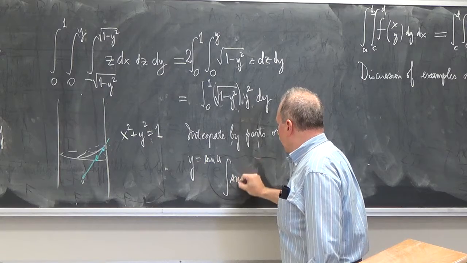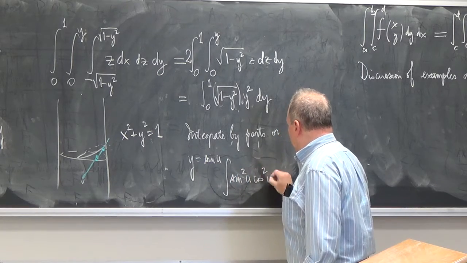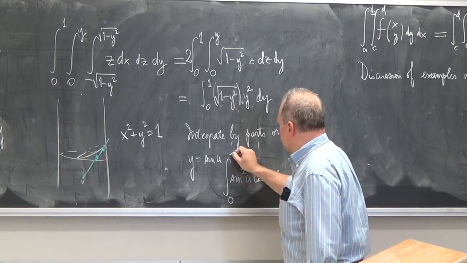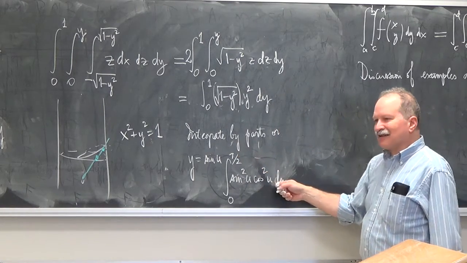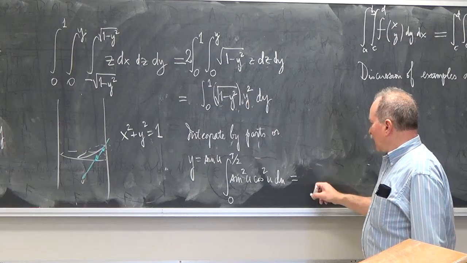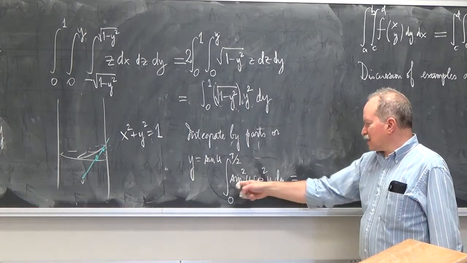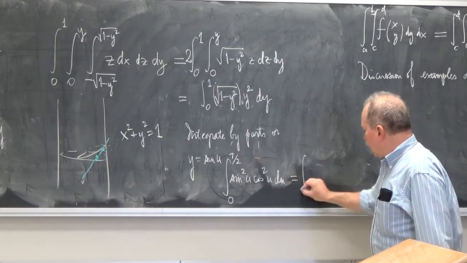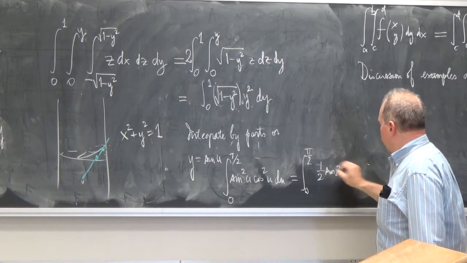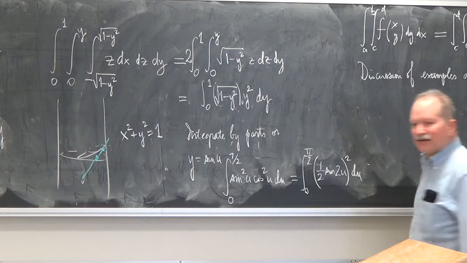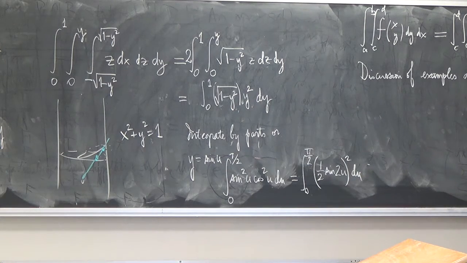You're going to get sine squared, cosine squared. And that's one step easier, actually, than the previous one, because this is double angle. This is half of sine of 2u, squared. And then you have to do double angle to do sine squared again.